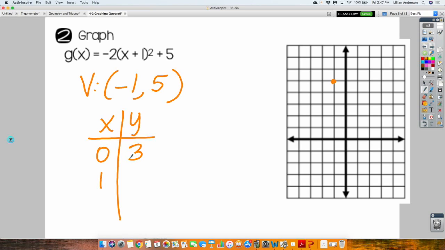Okay. So 0, 3. When I plug in 1, what's 1 plus 1? 2. Squared, times -2, plus 5? -3. And I just copy those points over across that axis of symmetry.